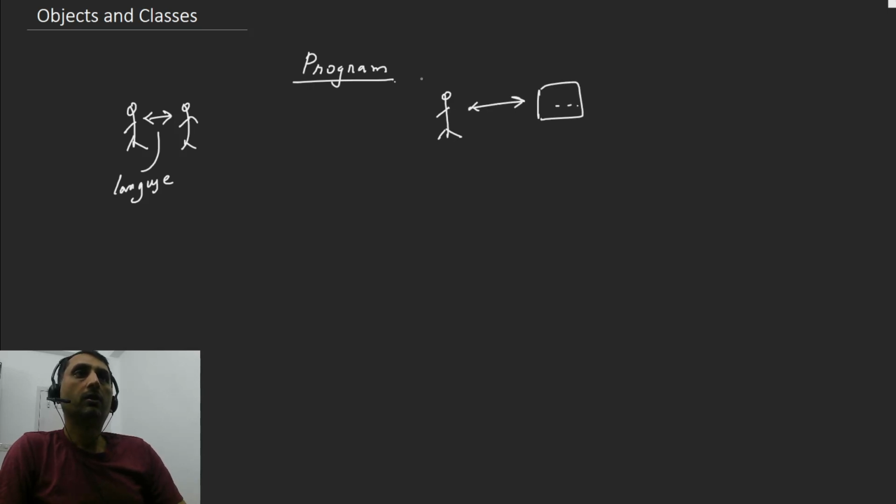So a human computer interaction is not possible without a mutually agreed language through which they can communicate. That language is called a programming language. So if two humans communicate in English, maybe a computer and a human can communicate in C, Java, these kinds of programming languages.